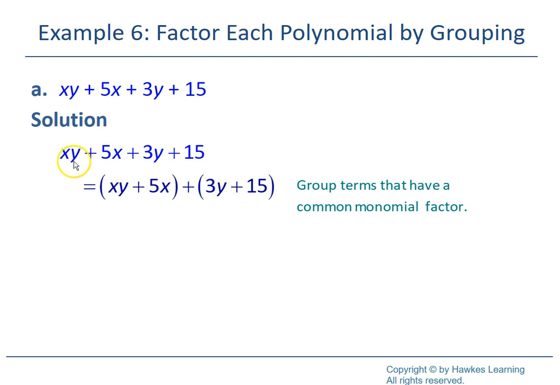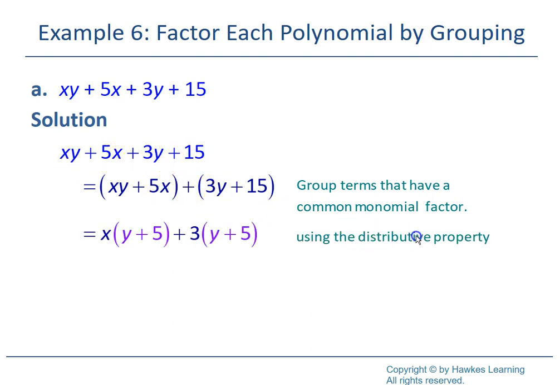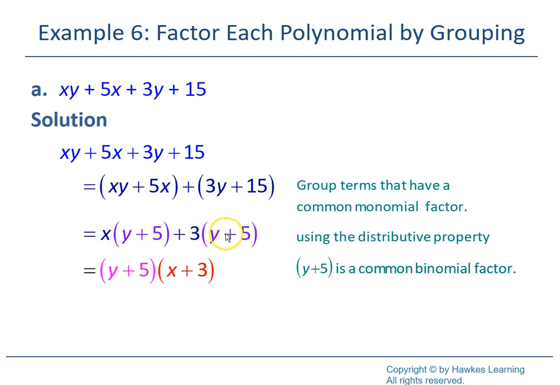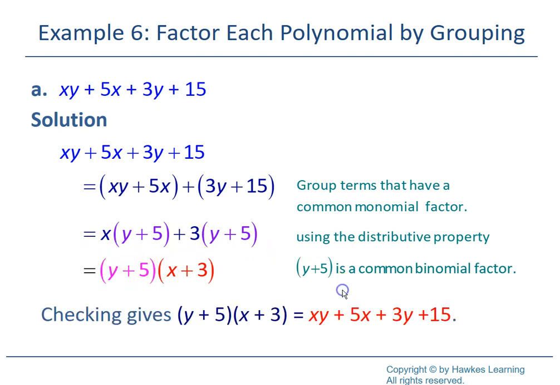So they're saying divide this into 2 parts, and then out of this you factor an x, out of this you factor a 3. And then again, they're putting the binomial, that's the common factor, first, then this. It doesn't make any difference.